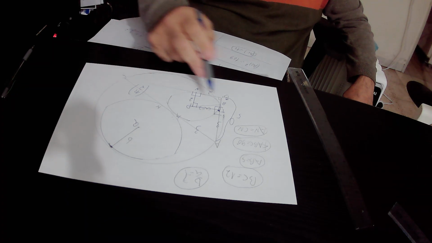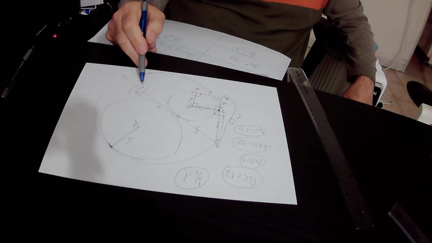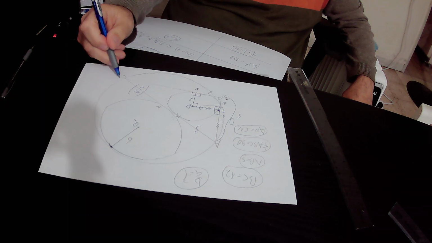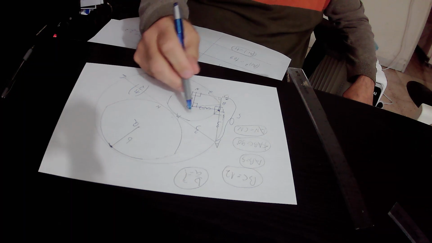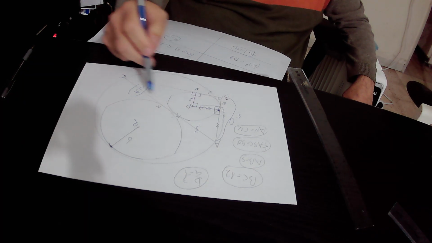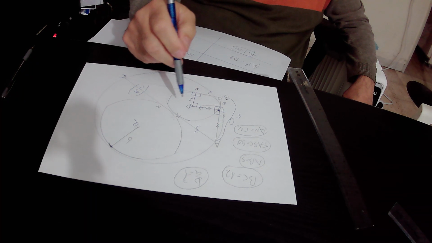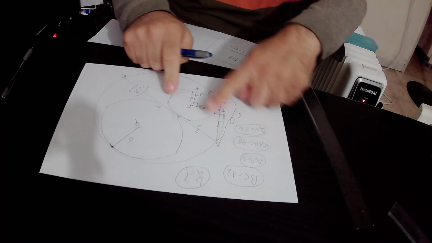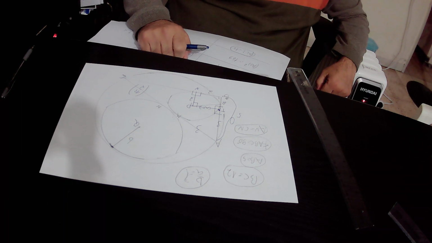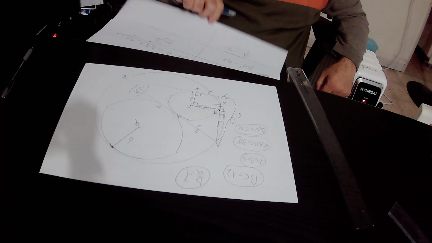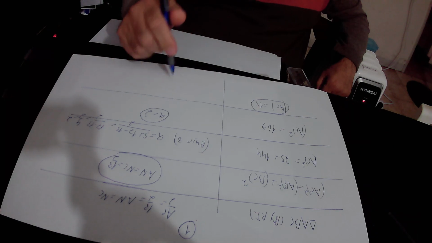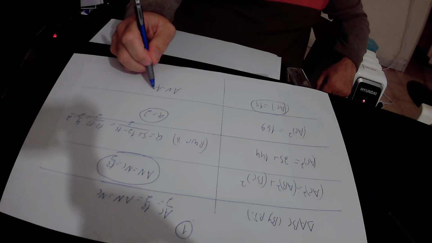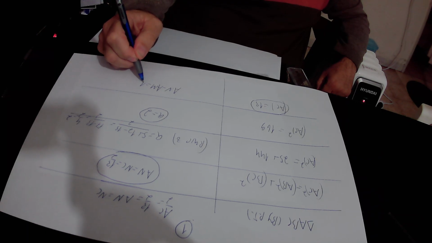We already found out that AN equals 13 over 2. AM equals 3, therefore AN minus AM equals MN.